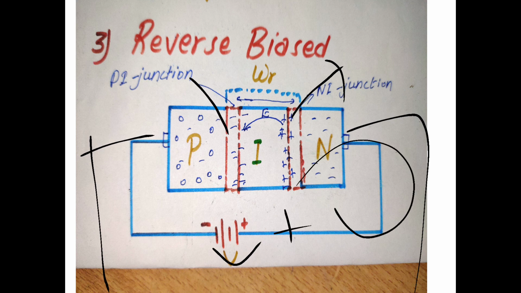So the diode is under the reverse bias condition, and the electric field is generated from the N region to the P region. You can see this is the direction, and the depletion width of the reverse biased PIN diode will be much larger than in the zero biased and the forward bias conditions.